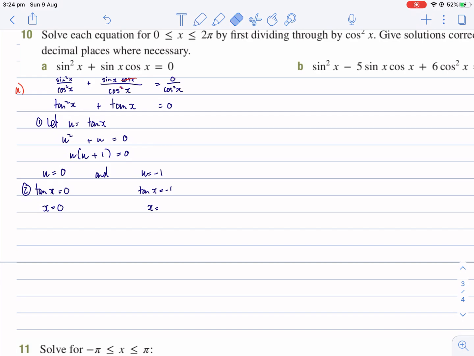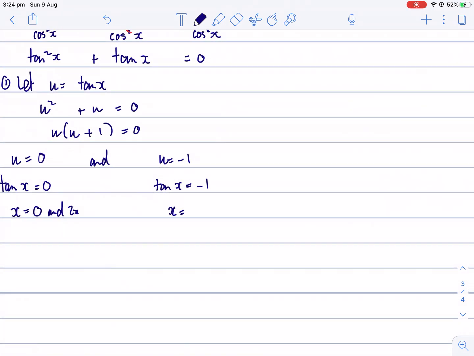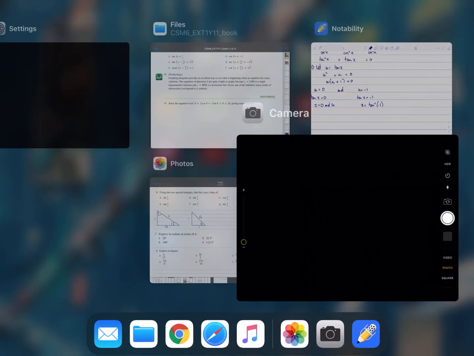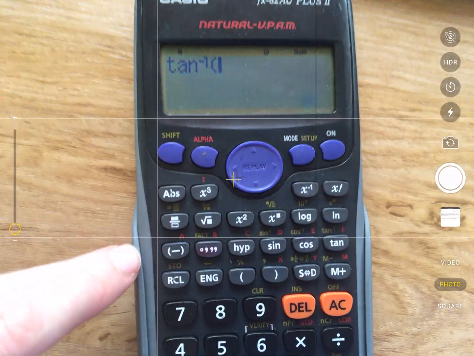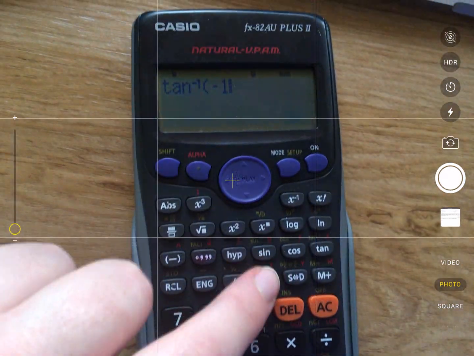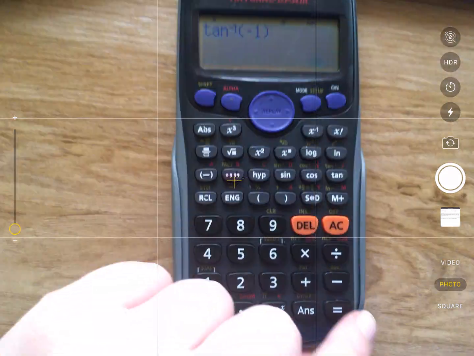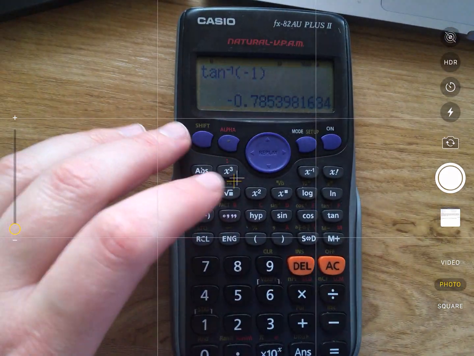So, sorry, I want to show you how I'm getting this. Oh, that's when it chucks a full circle, by the way. Now, I want to show you how I did this next one. I put arctan negative 1 in my calculator. And this is what you'll do every time you're kind of stuck. Make sure we're in radians. It gave us a weird answer, yeah?